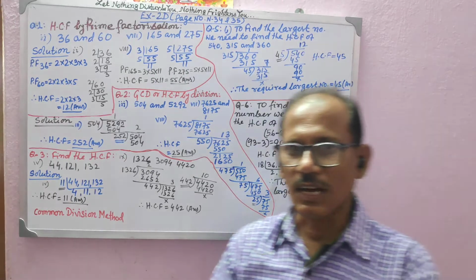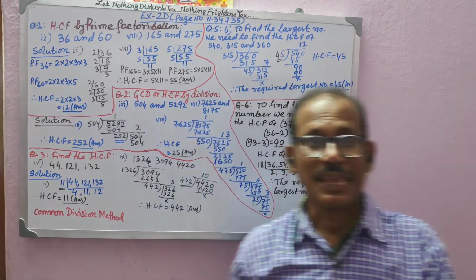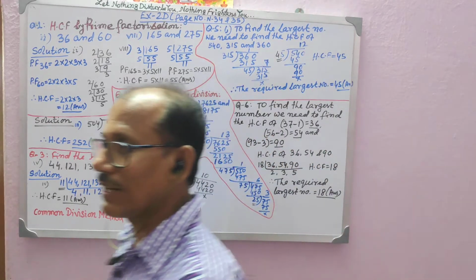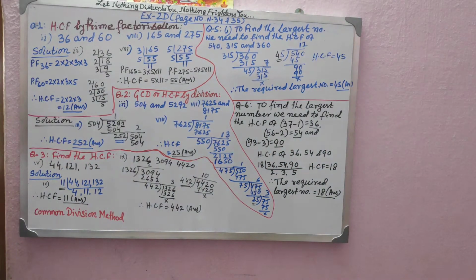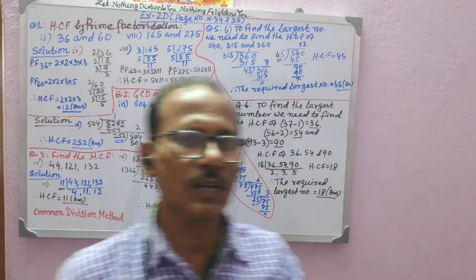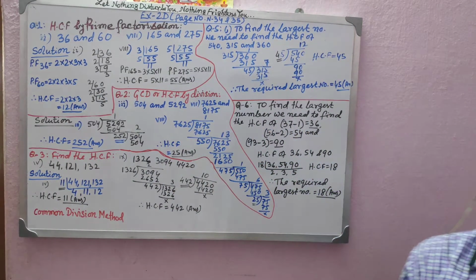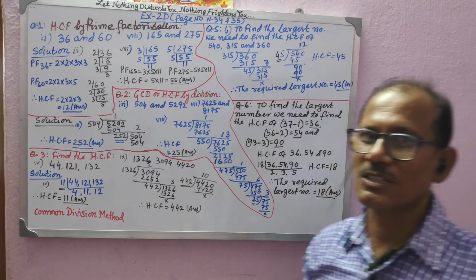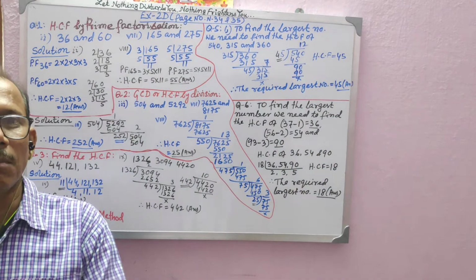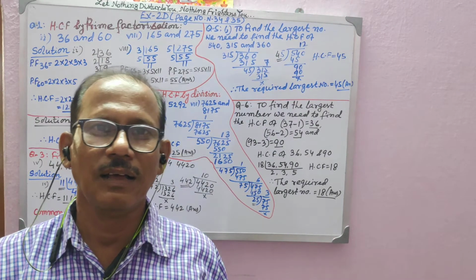We will first learn the highest common factor, then we will go for LCM, the least common multiple. Factors and multiples are two different aspects of a number. Factors of a number are the numbers that divide that number exactly. Multiples means multiplying that number with the natural numbers.